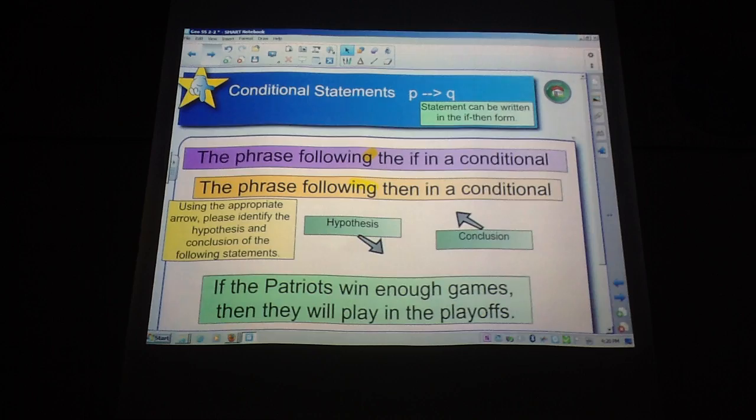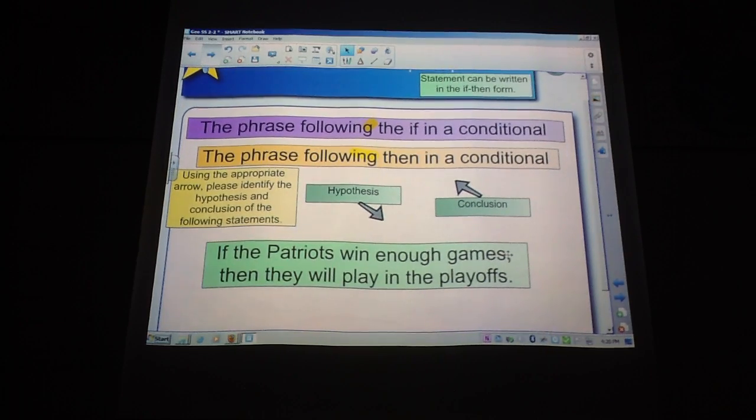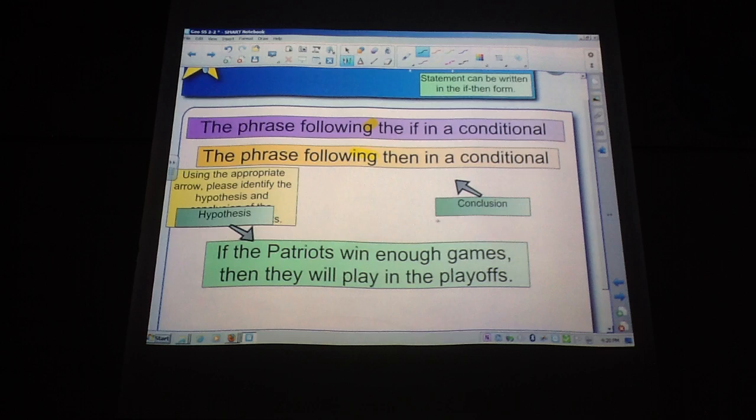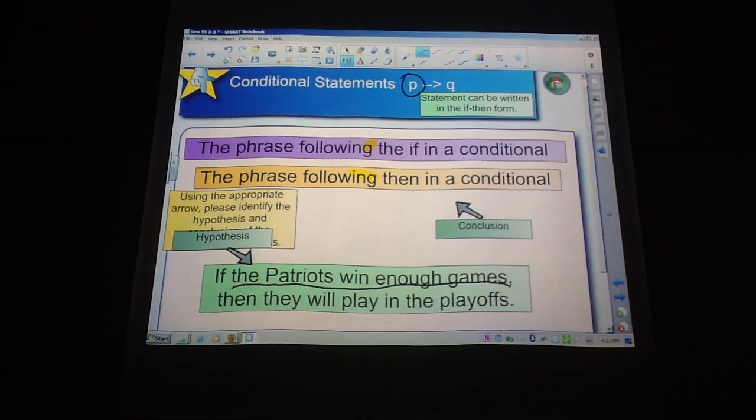I think we just have another example on this page. It says if the Patriots win enough games, then they will play in the playoffs. So the hypothesis again is the part that follows the if. So right there we would have the Patriots win enough games. That would be what the P would represent in our little mapping here.